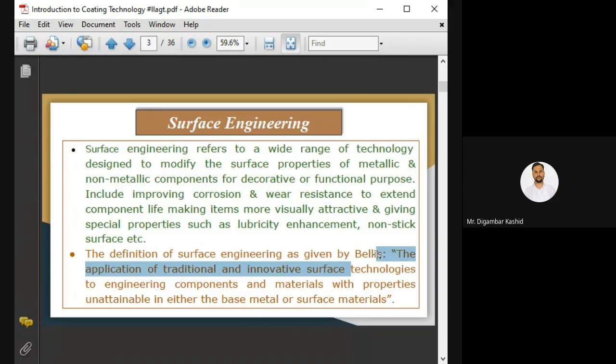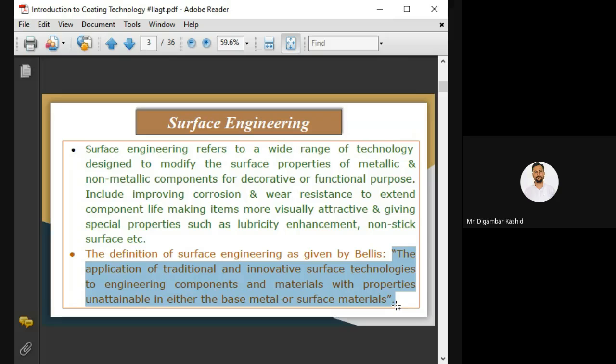Bailey has given the definition of surface engineering like this: the application of traditional and innovative surface technologies to engineering components and materials with properties unattainable in either the base metal or the surface materials.